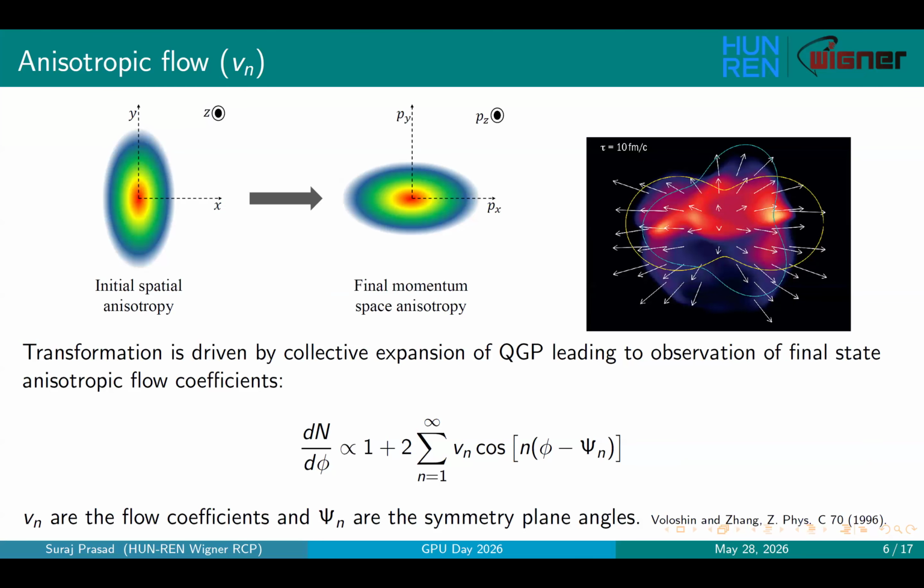As mentioned in the previous talk as well, this quark-gluon plasma is short-lived and we cannot directly observe it because of color confinement. So we have indirect signatures such as collectivity.